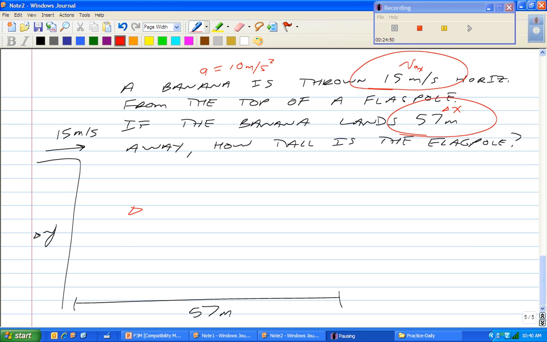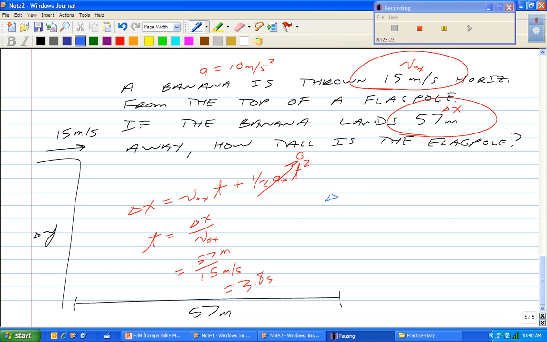I know the horizontal distance, and I know the vertical velocity initially. So I'm going to start with the horizontal. That acceleration is 0, therefore time is the horizontal distance divided by the horizontal velocity, which is 57 over 15. Gives me, what was it, 3.8 seconds?